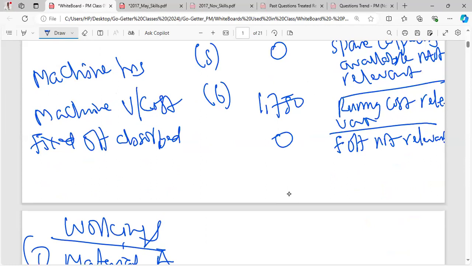So now let's calculate the total relevant costs. So always do your workings on a fresh sheet of paper, just the way I did mine.